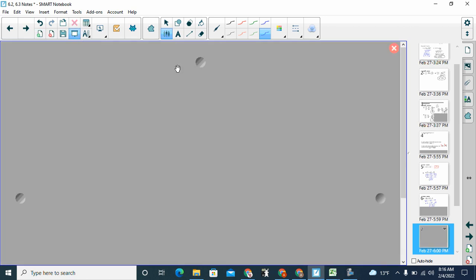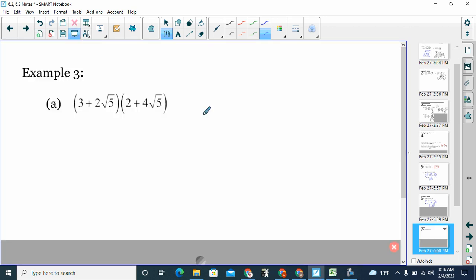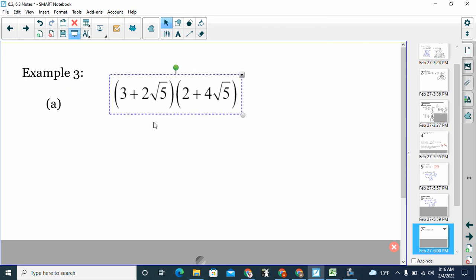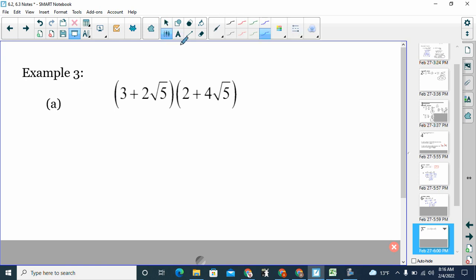And then last thing, if we are asked to multiply two binomial radical expressions, a binomial times a binomial, we FOIL. So here we do 3 times 2, 3 times 4 root 5. You multiply the coefficients, it's 12 square root of 5.